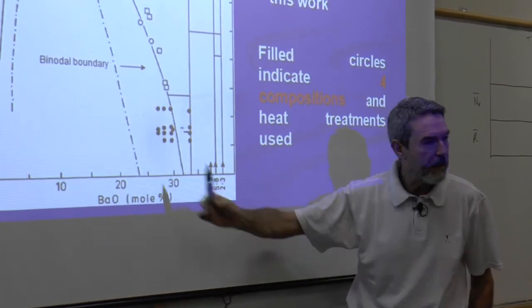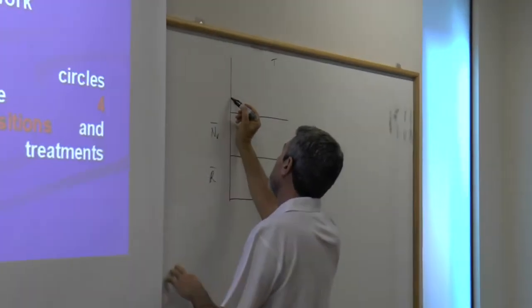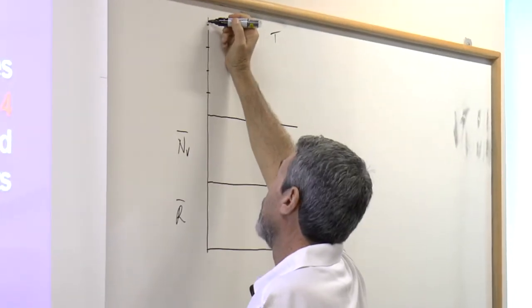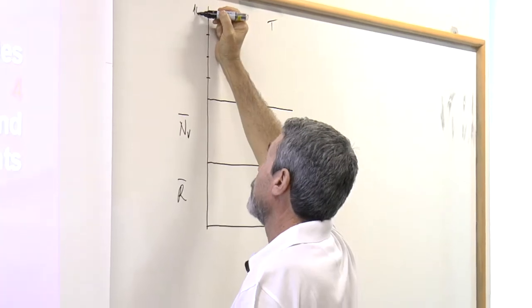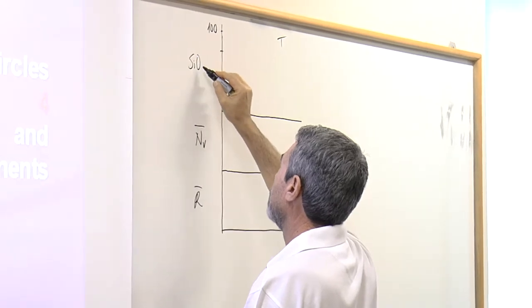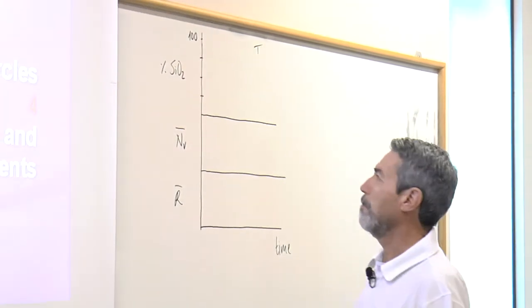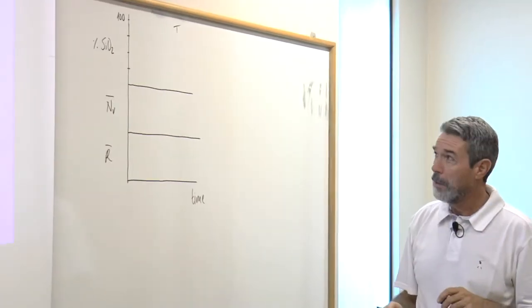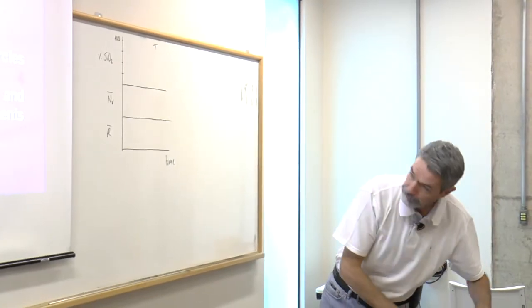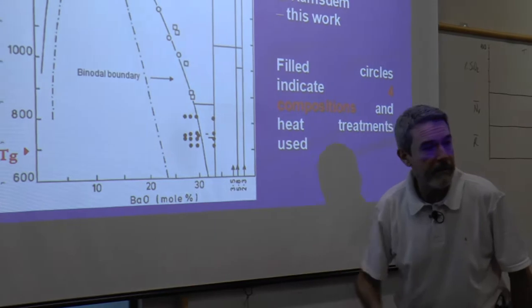And see what happens. If we could analyze the chemical composition, let's see, this is 25, 50, 75, 100%, say, of silica. Percentage of silica versus time. The original composition, as I said before, has 27 mole percent of baria.